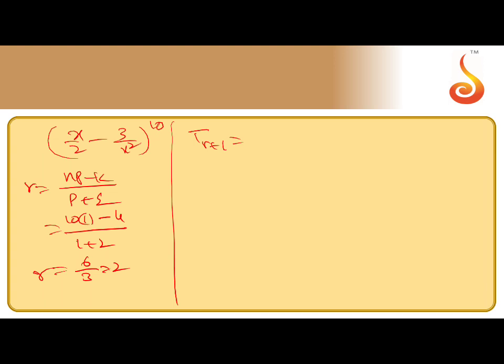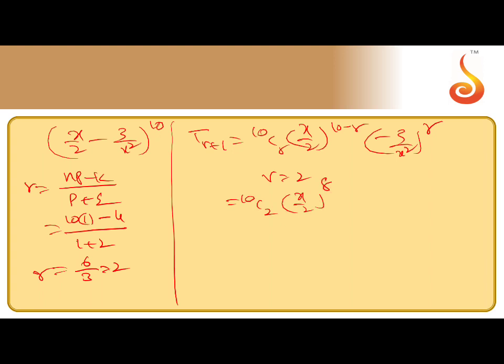T r plus 1 equals 10Cr (x by 2) whole power 10 minus r into (minus 3 by x square) whole power r. But r is 2 here. So 10C2 into (x by 2) whole power 10 minus 2, that is 8, into (minus 3 by x square) whole power 2. You have to simplify. 10 into 9 by 2 into 1.